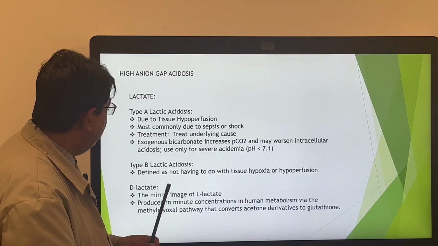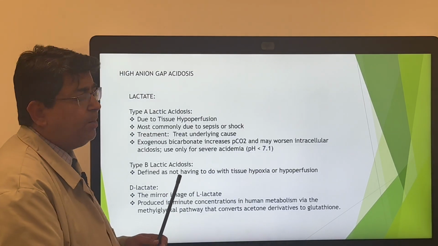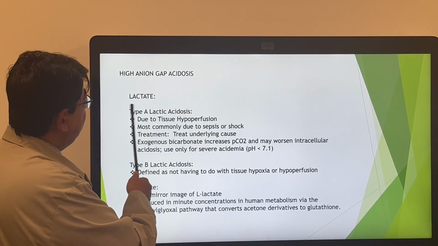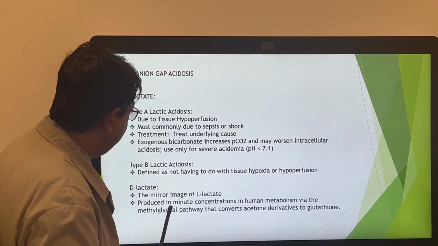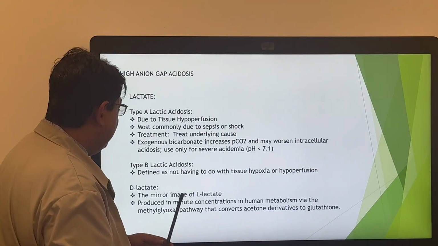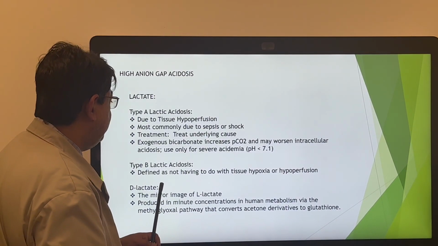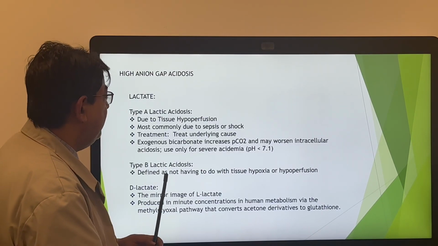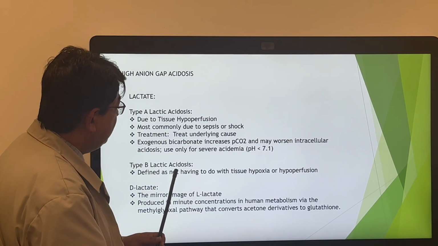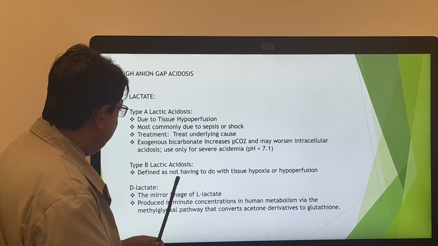So we'll talk about lactic acidosis. Whenever we talk about lactic acidosis, we're talking about type A lactic acidosis, which implies there's tissue hypoperfusion, as in sepsis or shock. And in type A lactic acidosis, you want to treat the underlying cause, and exogenous bicarbonate may increase PCO2 and may worsen intracellular acidosis.